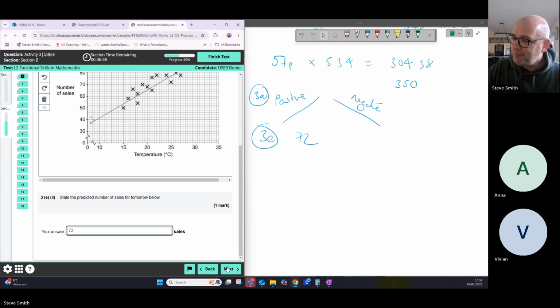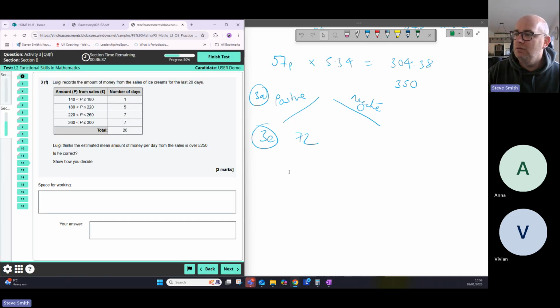I don't think we're going to have time for the next question. No, we're not. It's an estimate. It's a frequency table. You never get many marks for them, but we know the frequency table process is always the same. We find the midpoints, multiply the midpoints by the number, get a total, which is the sum of all these midpoints times the number, and then divide it by 20.